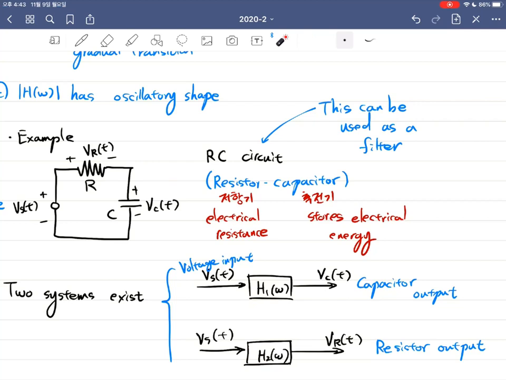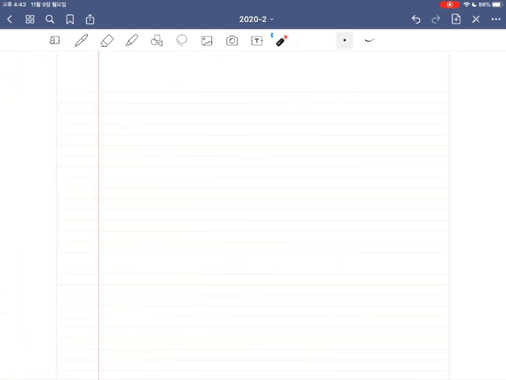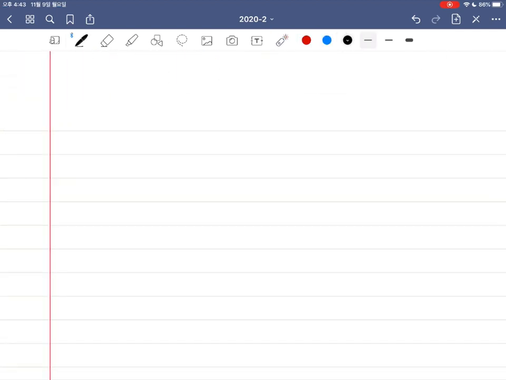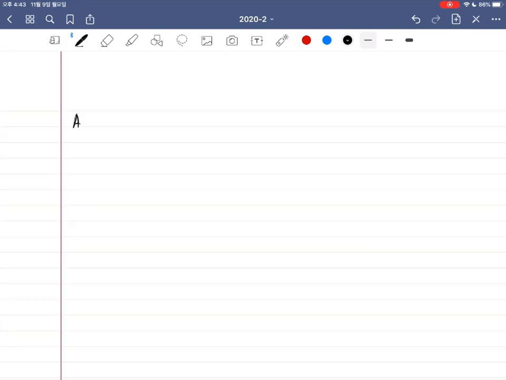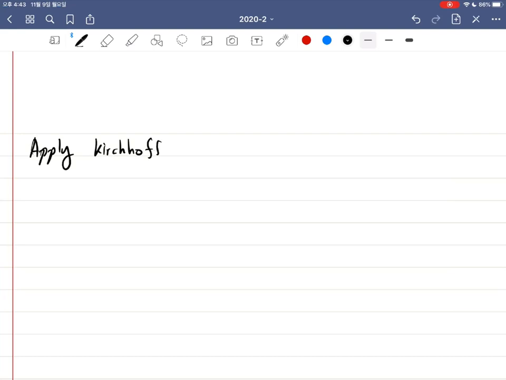So I will apply Kirchhoff's voltage law. I would like to have a brief explanation of this law.